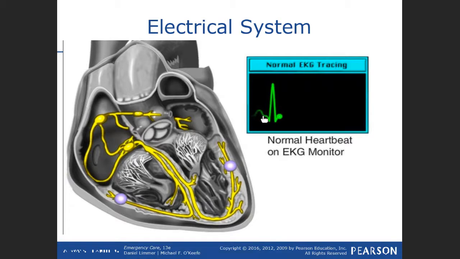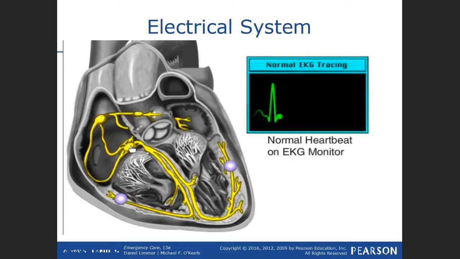And then you notice there's a little pause right here. As that electrical activity circulates through the atria and allows the atria to contract, that activity is paused for a split second in the area between the atria and the ventricles called the AV node, or atrioventricular node, or sometimes the AV junction.